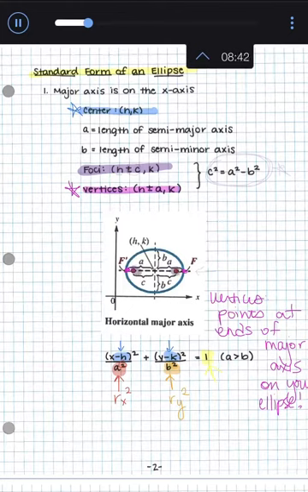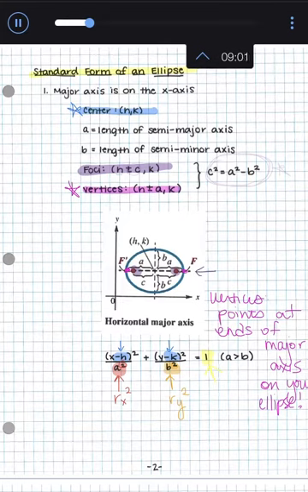So how do you find your foci? Well, you basically take the center and you add and subtract something to the x-axis on these, and the only reason why you're adding and subtracting on the x-axis is because you're on the major axis.